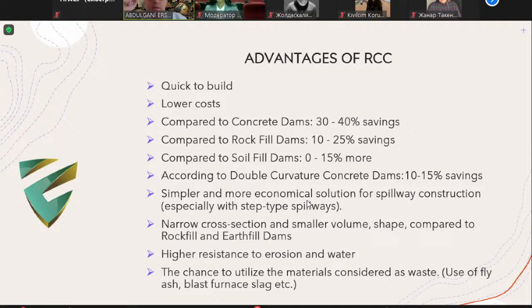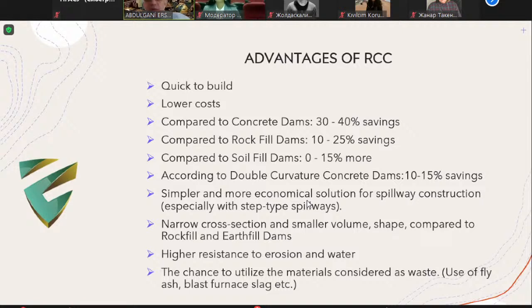If we compare RCC to concrete dams, it's about 30 up to 40% savings. Compared to rock-fill dams, about 10 up to 25% savings. Only if we compare to soil-fill dams, RCC is a little bit more expensive. Compared to double-curved concrete dams, it is up to 15% cheaper.